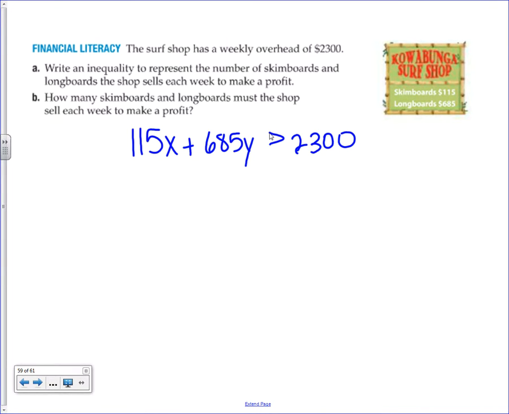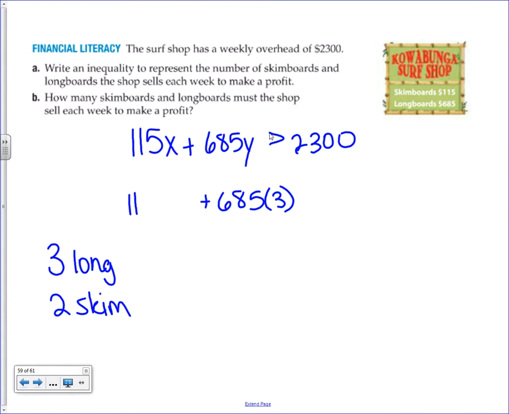So does somebody find one that'll work? What do you got, Ashley? And how many? 2 skim boards. How would I check to see if she is correct? Plug it in. So let's do that. The long boards are the Y, right? So 685 times 3.